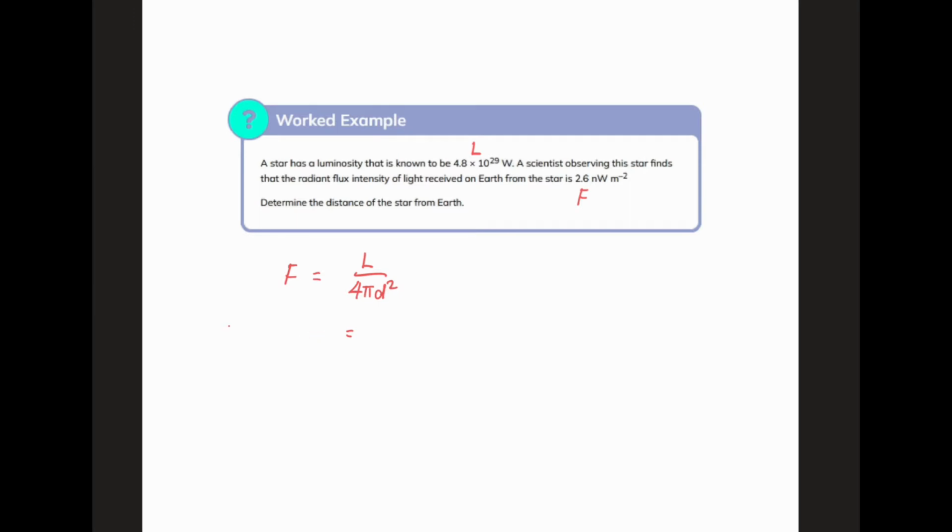The F, the L, four pi and then d squared. So we just want to find the d. So you can just use a calculator and work out everything.